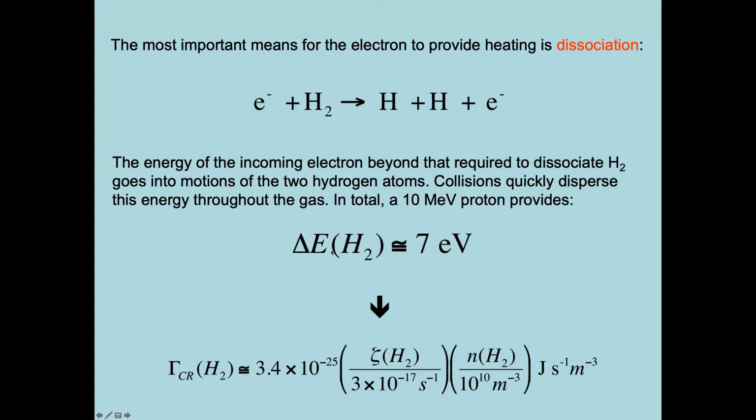On average, if you consider the spectrum of the cosmic rays, again, I don't want to go into the details, the energy input going into the heating term from the cosmic rays is about 7 electron volt. So if we include this delta E in the previous equation, we get something of the order of a few times 10 to the minus 25 joule per cubic meter per second.